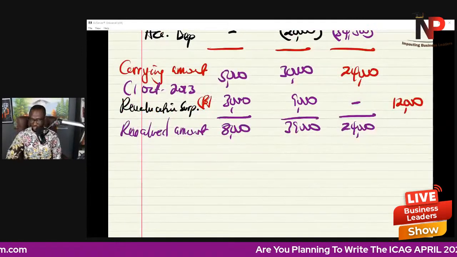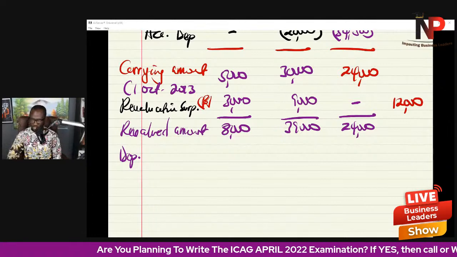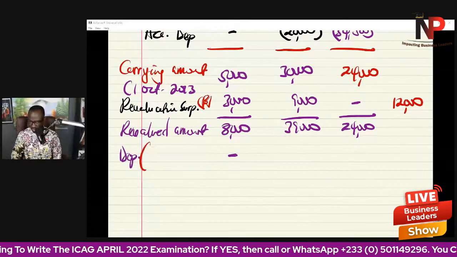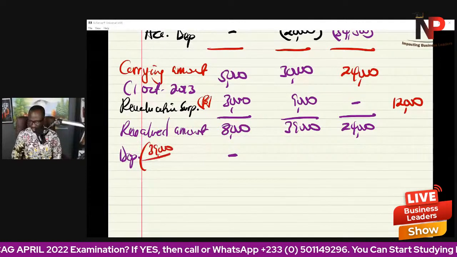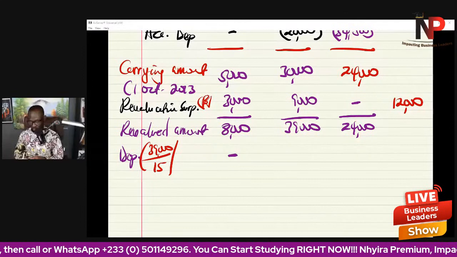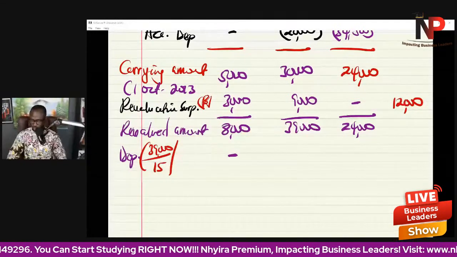So let's calculate the depreciation for the year ended. Like we said, land is not depreciated, but the building is going to be 39,000 over 15. That was the remaining useful life. So 39,000 divided by 15, I'm getting 2,600.